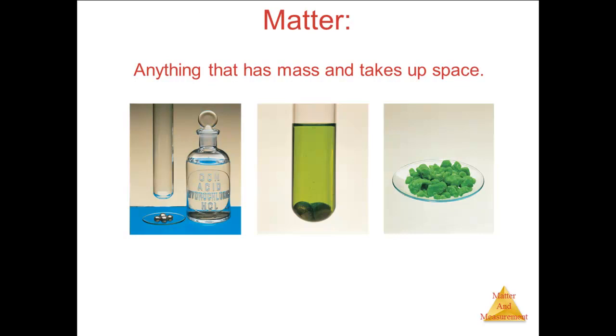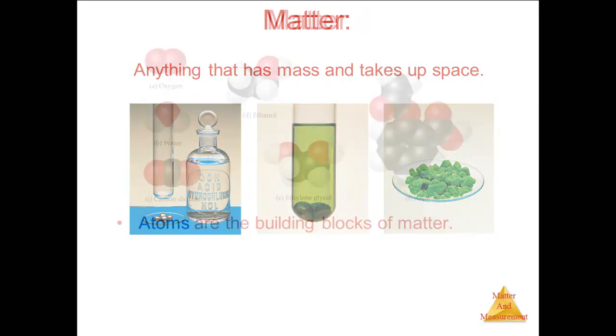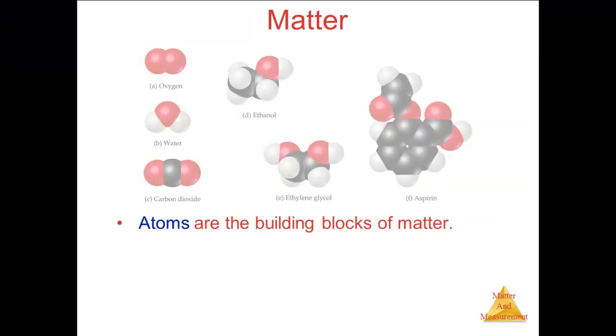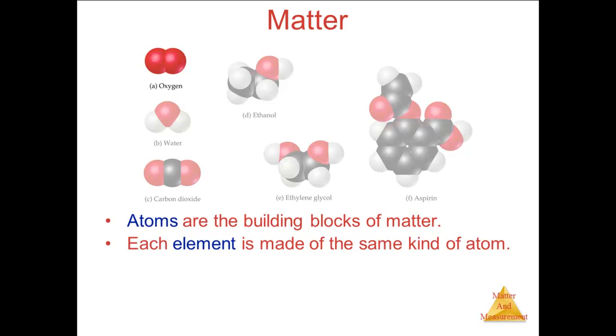This is the definition of matter. All matter is made of atoms, which can appear as single atoms or groups of atoms. Elements can be single atoms or groups of atoms that are identical.